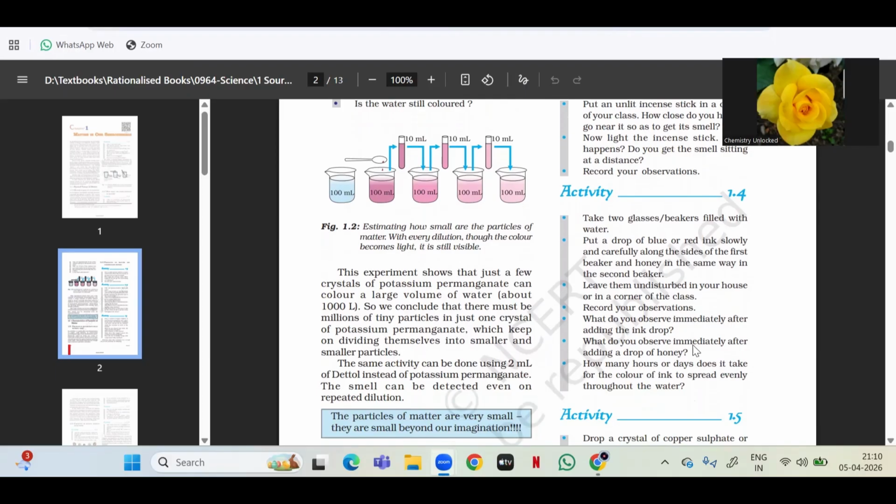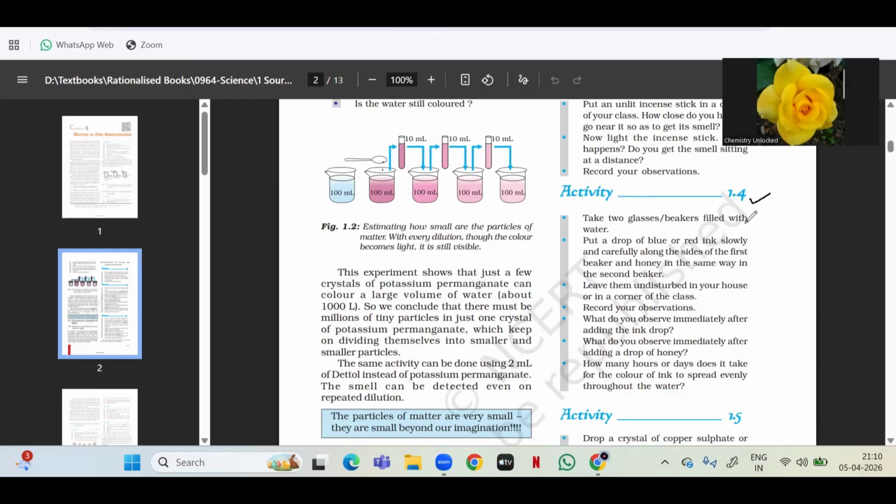Put a drop of blue or red ink slowly and carefully along the sides of the first beaker, and honey in the same way. So activity 1.4 here talks about diffusion, or intermixing of particles. If they are moving, they will automatically intermix without stirring.